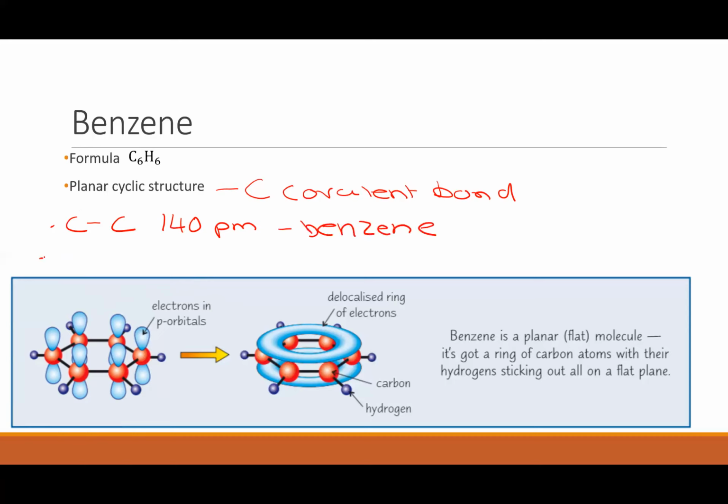So a normal single carbon-carbon bond would normally be 154 picometers, and a carbon double bond would be 135 picometers. So as you can see from this image, benzene is a planar flat molecule. It's got a ring of carbon atoms with a hydrogen sticking out all on a flat plane.